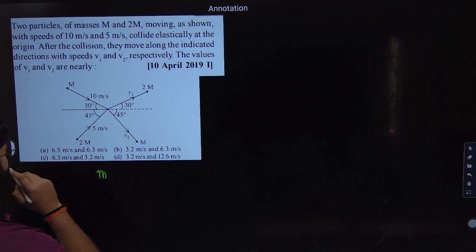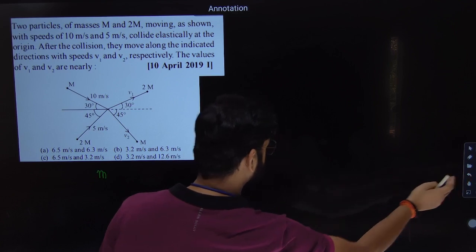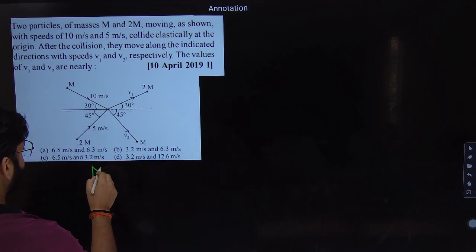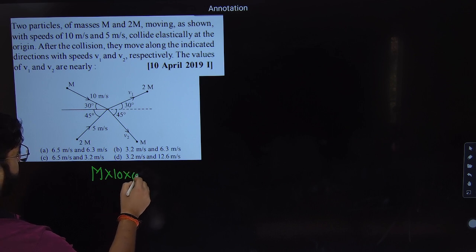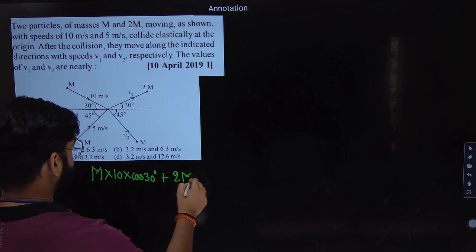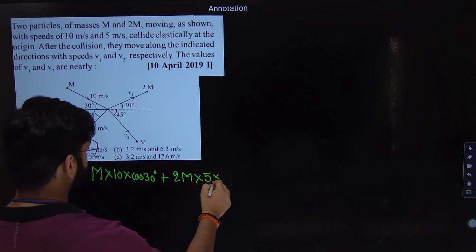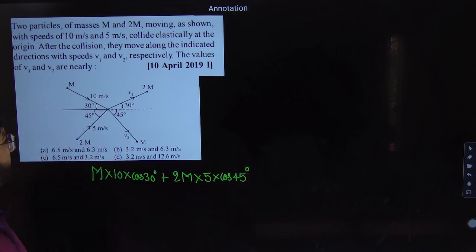M, capital M, right? Mass is capital M. So capital M, 10 cos 30 plus 2m. What is the velocity? 5 and then cos 45. So this is the initial momentum in X direction.